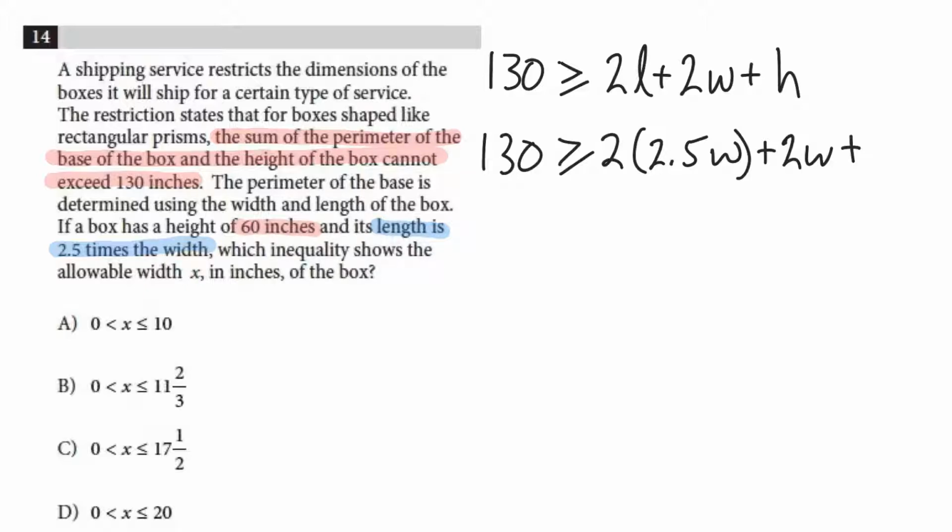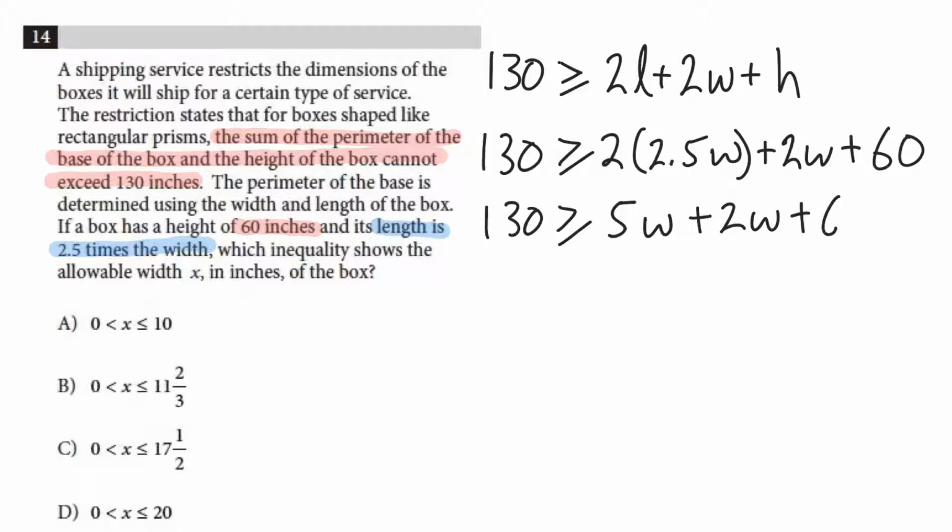Okay, good. So plus 60. Alright, let's simplify this a little bit further. We're going to get 130 is greater than or equal to 4W plus 2W plus 60. I'm going to subtract 60 from both sides. I'll get 70 is greater than or equal to 6W.